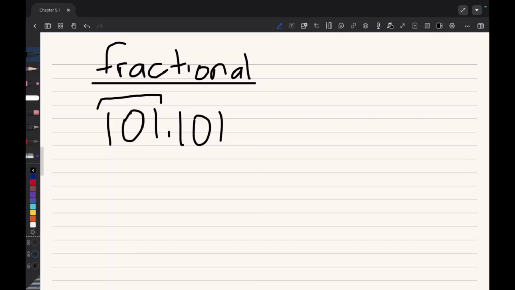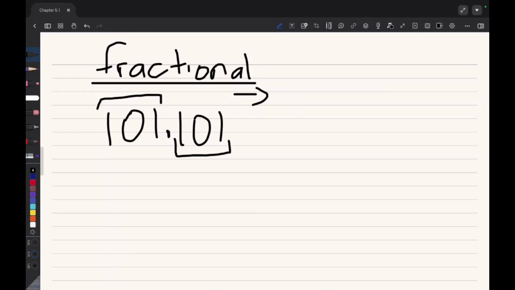And then when we convert these ones, going to the right after the radix point, you don't start at 2 to the 0.